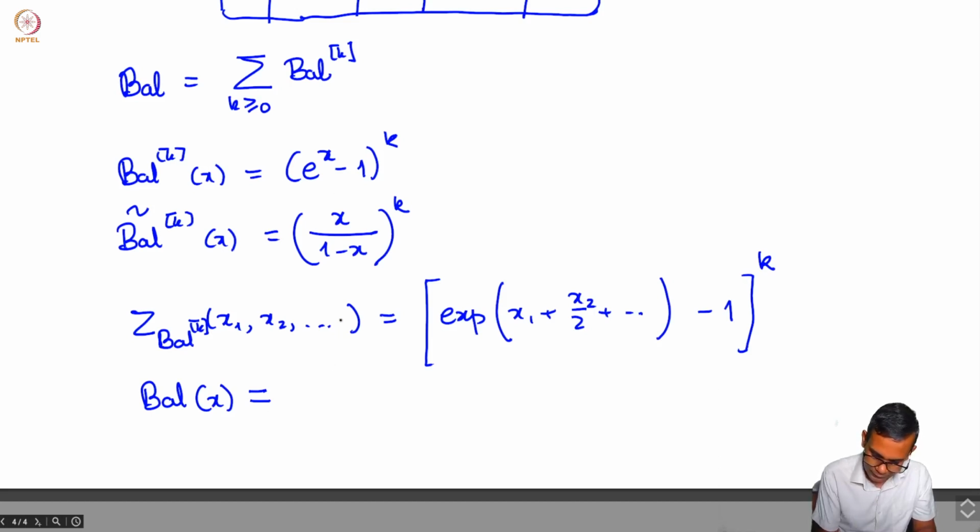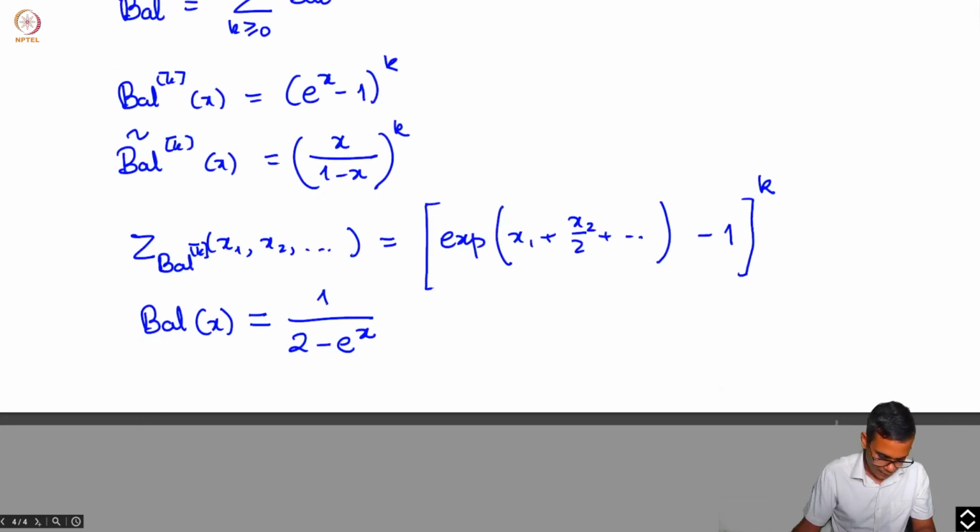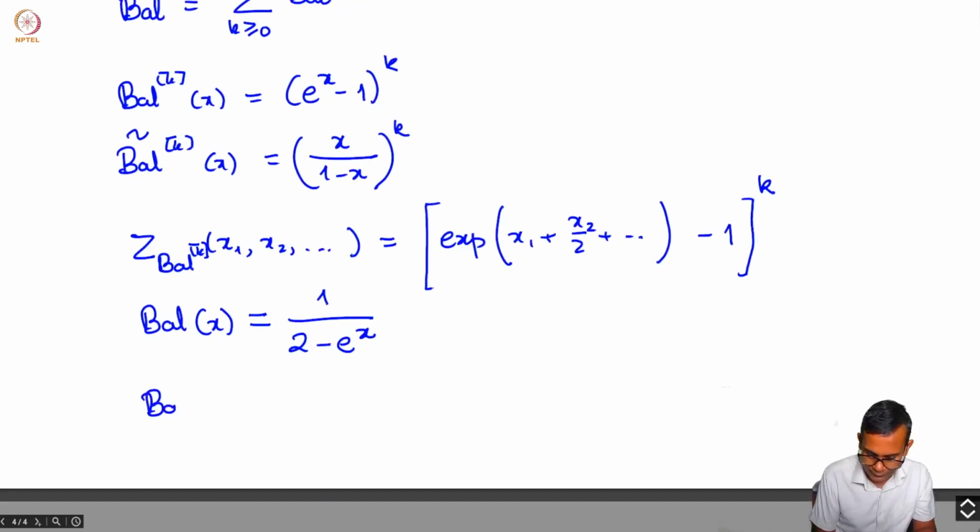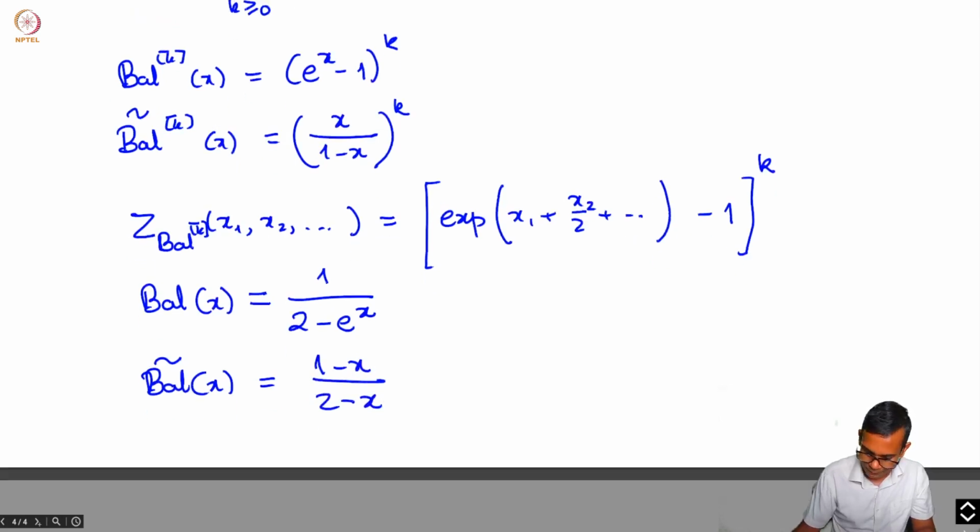Just work it out, it's a geometric series, powers of (e to the x minus 1) to the power k, and it turns out to be 1 over 2 minus e to the power x. And the type generating series of Bal, you can work it out from here, it turns out to be 1 minus x over 1 minus 2x.